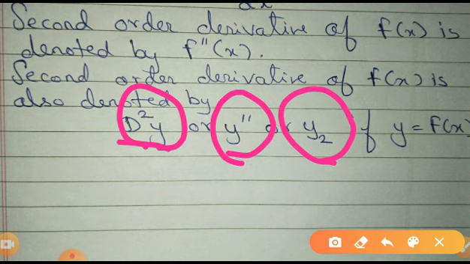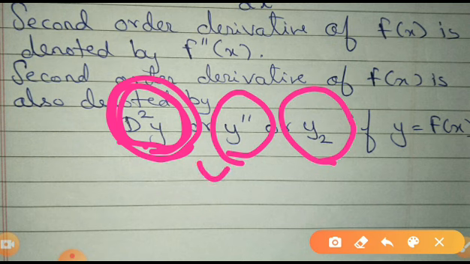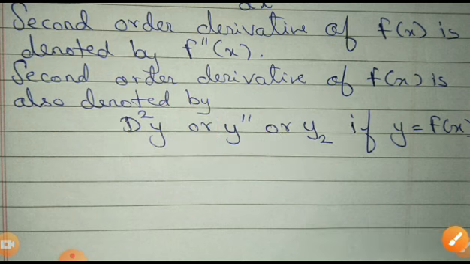In some questions, it may be written as y double dash or y2. In your text, you can see y double dash and y2 or f double dash, or d2y by dx square.